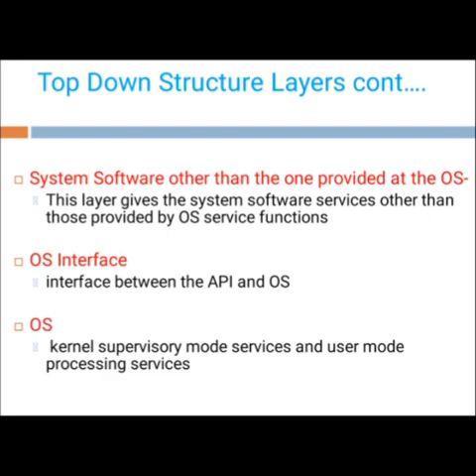The next layer is operating system interface. It is nothing but an interface between the API, application programming interface, and the operating system. And the fifth layer is operating system.